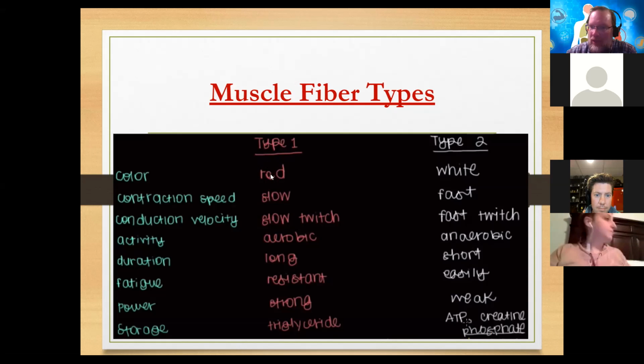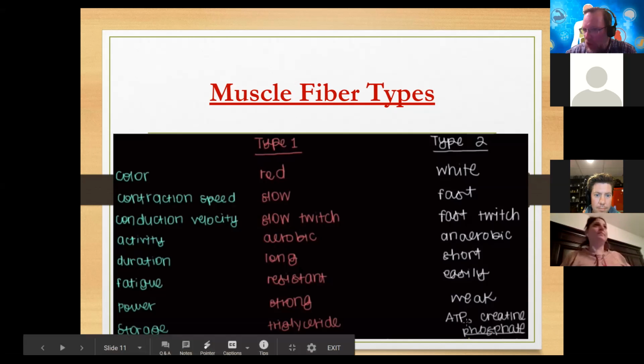Red, meaning lots of blood. Slow contraction speed, slow twitch regarding the electrical response. Aerobic, meaning the types of activity, again, more long distance. If you run on the treadmill, do the elliptical, swimming, or bicycling, you're doing more aerobic, slow twitch training.